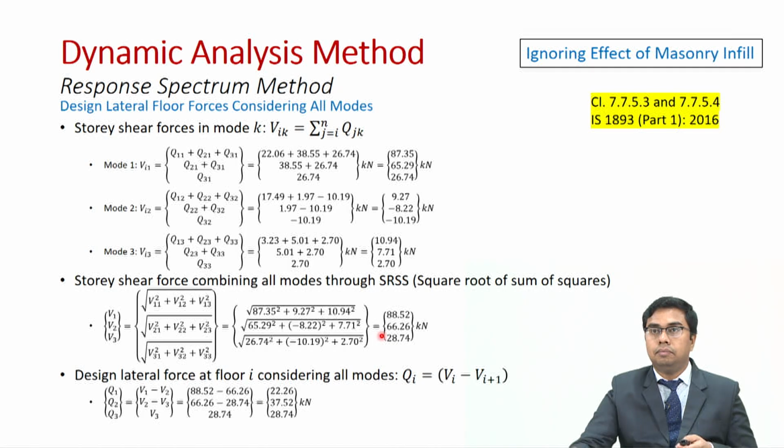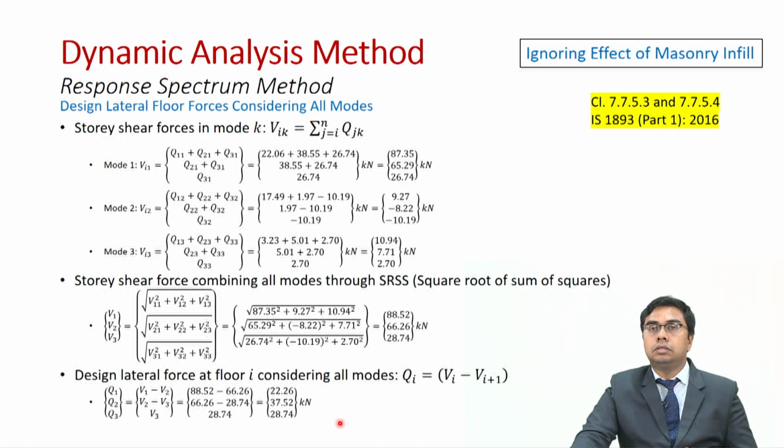I hope this is clear, because we have done the other way around in the example illustrating the equivalent static method, where we had the information about the design lateral force and then we did the addition to obtain the story shear. From story shear we can again go back to the design lateral force. So, now we have done this, and this is for all the modes combined.